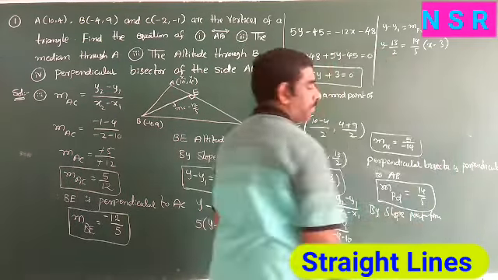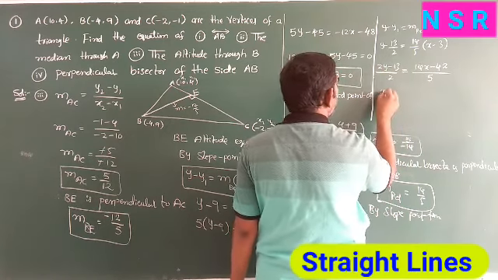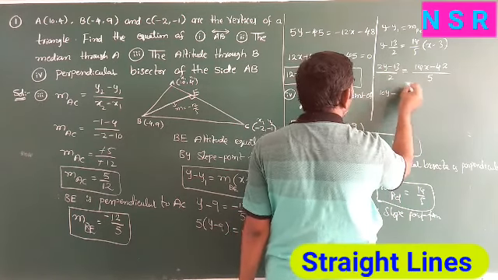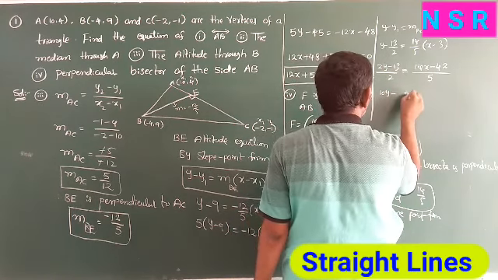Now simplify it. 2 into y, 2y minus 13 by 2 equals 14 into x, 14x minus 14 into 3. 14 times 3 is 42, by 5 here. Now 5 multiply this side and 2 multiply this side, we get 5 times 2 is 10 into y, 10y minus 13 into 5, 5 times 3 is 15, 65, equals 14 times 2 is 28x, 42 into 2 is 84.